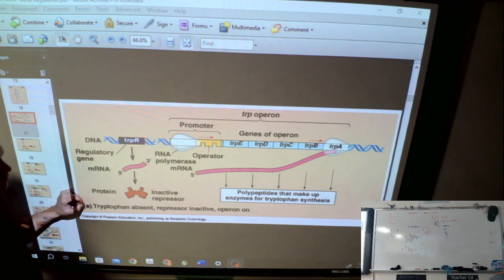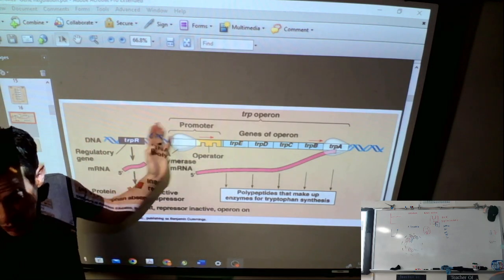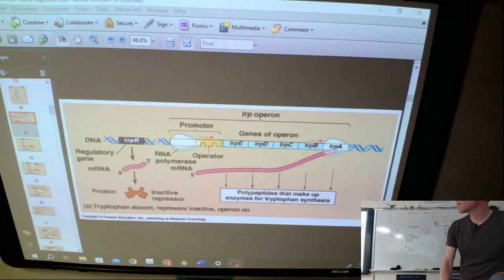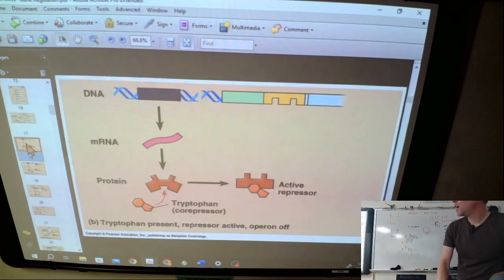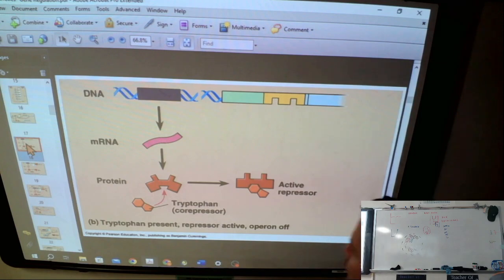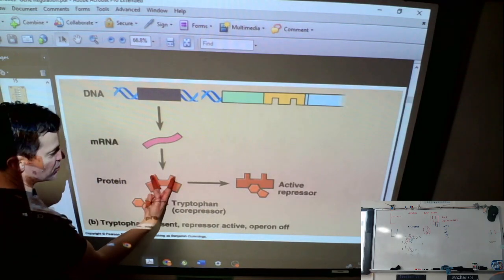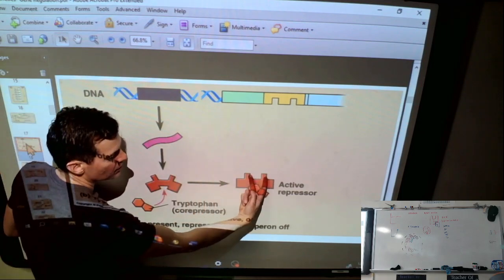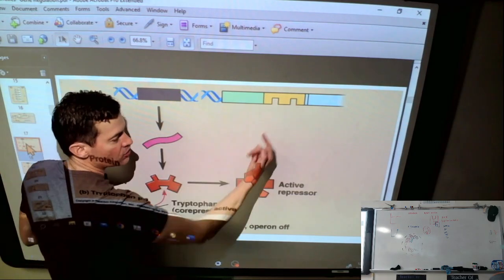Tryptophan. So here this is saying make tryptophan, make tryptophan, make tryptophan. And then whenever I make tryptophan, I'll see that it goes and sticks in that repressor. Now that repressor changes shape. Now it can turn the gene off.